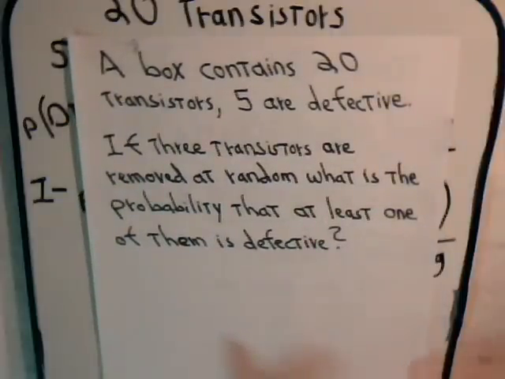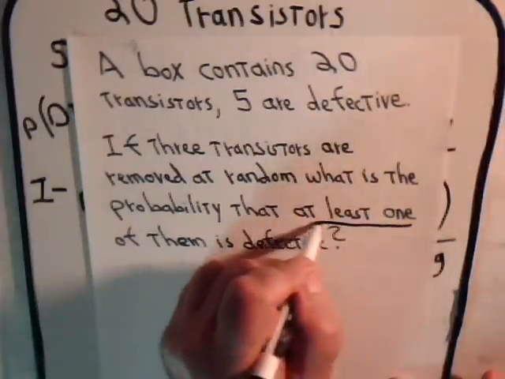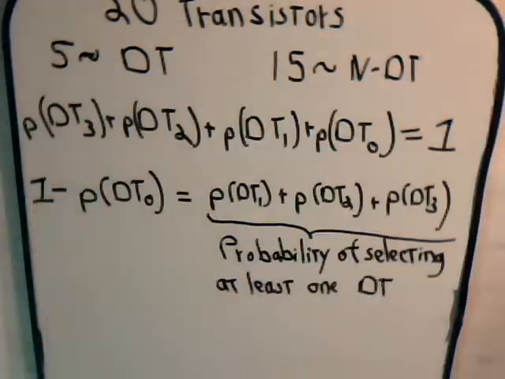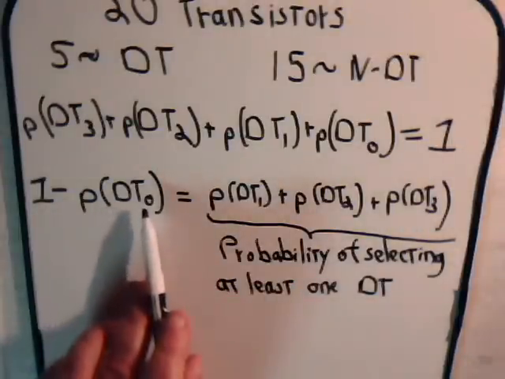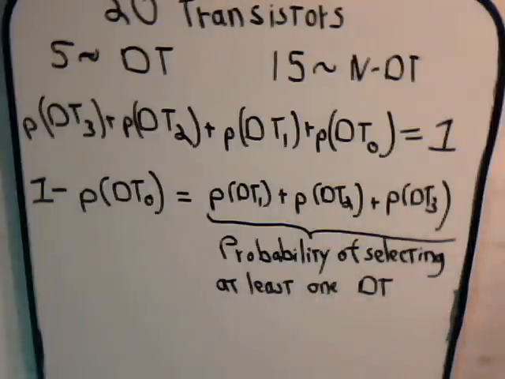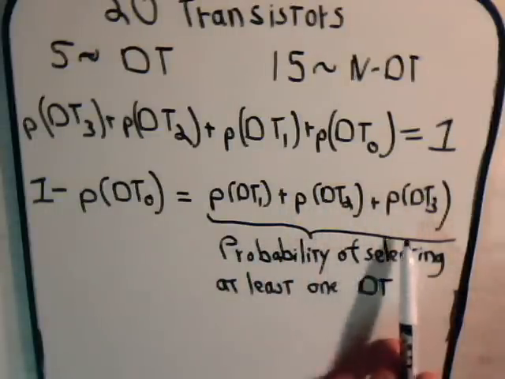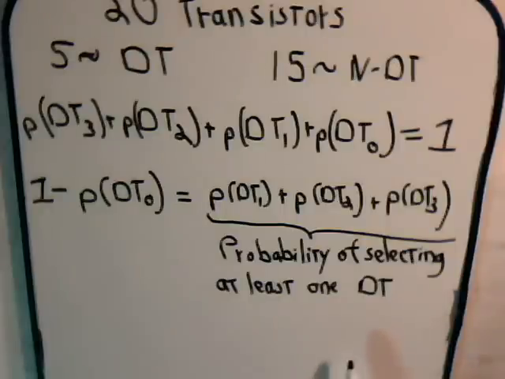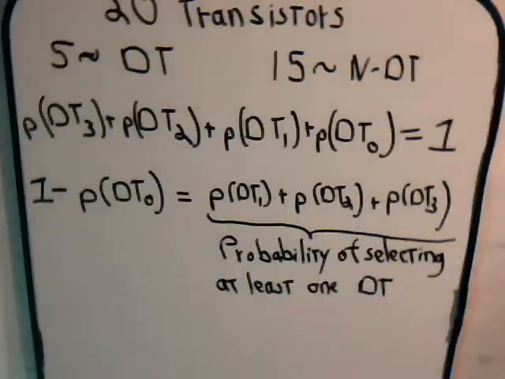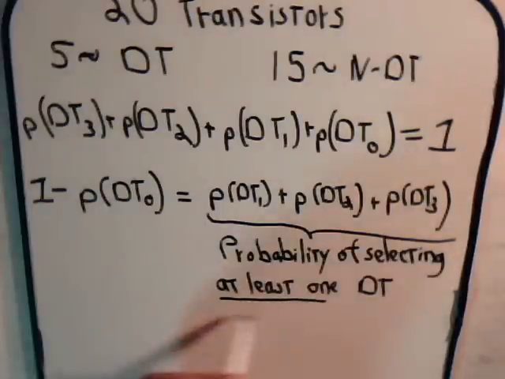What is the probability that at least one of them is defective? Well, if we can figure out the probability of choosing 0 defective transistors and subtract that from 1, that would be equal to this aggregate sum of having 1 defective transistor, 2 defective transistors, 3 defective transistors. So together that would be the probability of selecting at least 1 defective transistor.